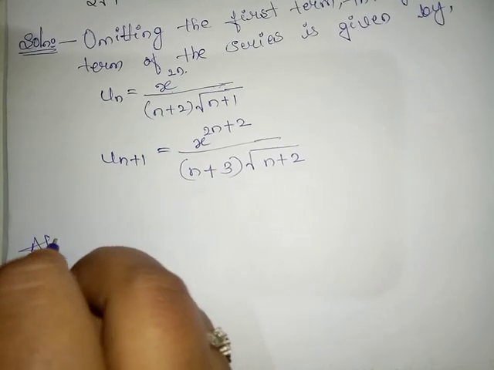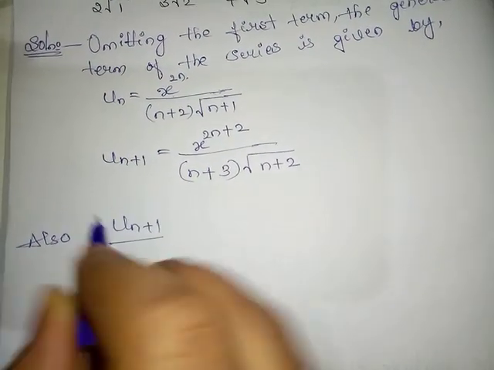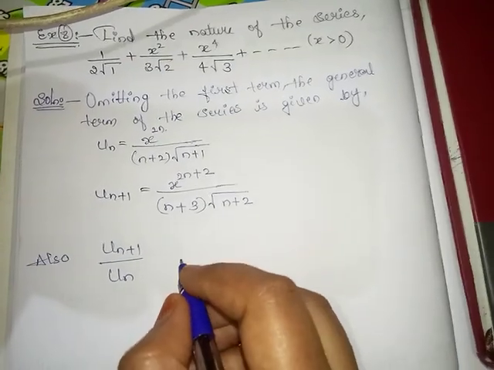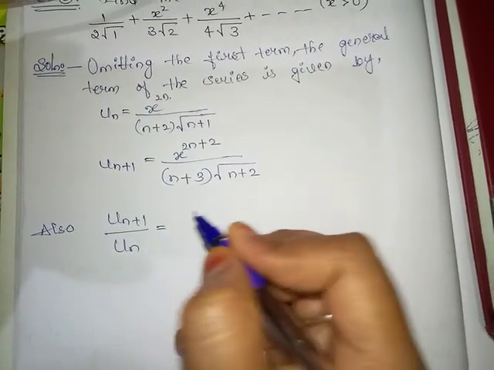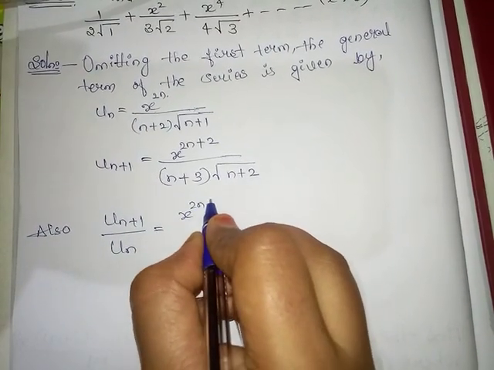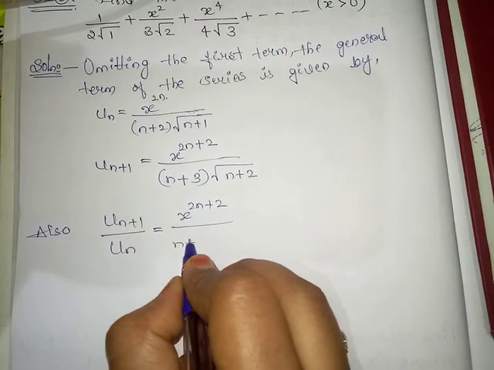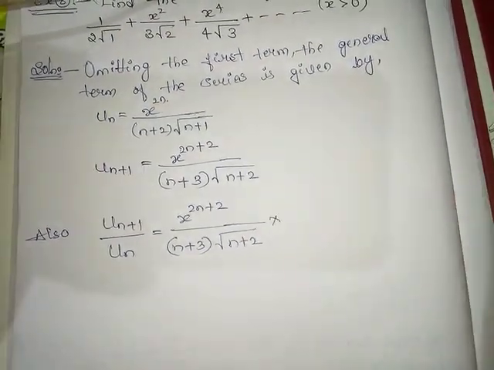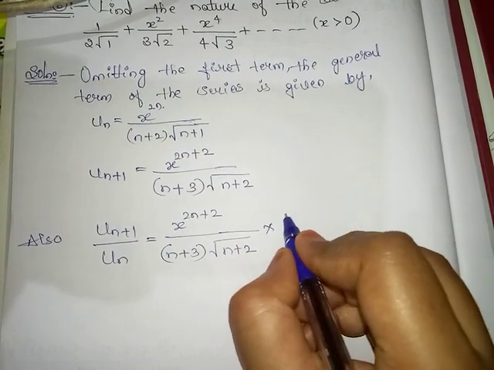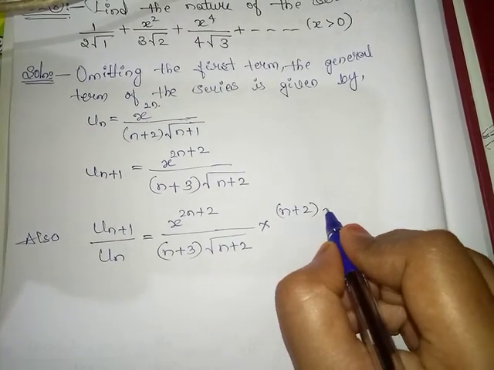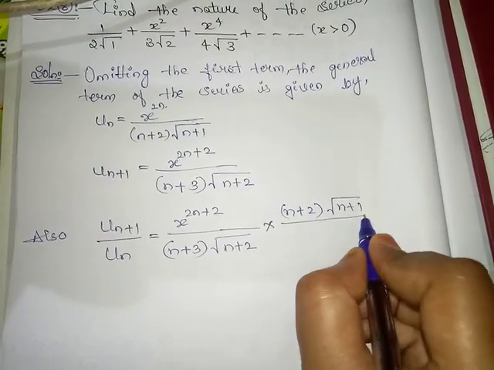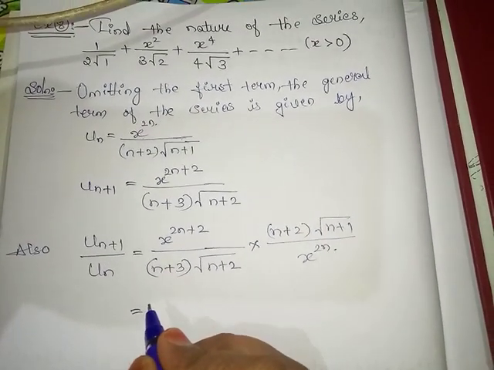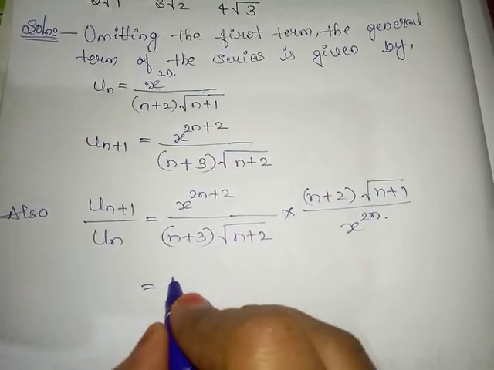Now also un plus 1 divided by un is equal to x raised to 2n plus 2 divided by n plus 3 into square root of n plus 2 into the un term, n plus 2 into square root of n plus 1 divided by x raised to 2n, which is equal to, for our easier calculation, I will write like this.